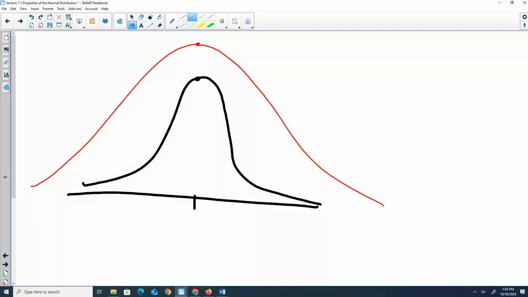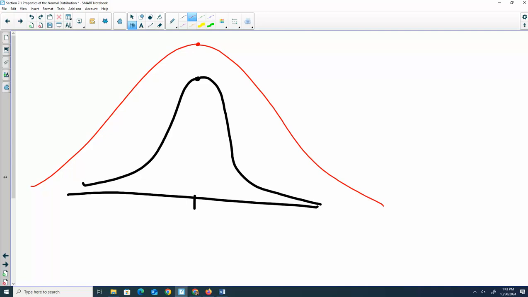Would you agree with that? Remember, standard deviation is a measure of how spread out your points are. So when my points are more spread out, that spreads out the whole curve. That means there is a higher standard deviation. When all my points are close together, it makes my curve get skinnier because they're all about the same, and that's a smaller standard deviation.